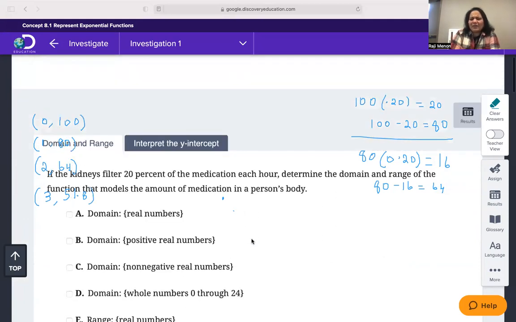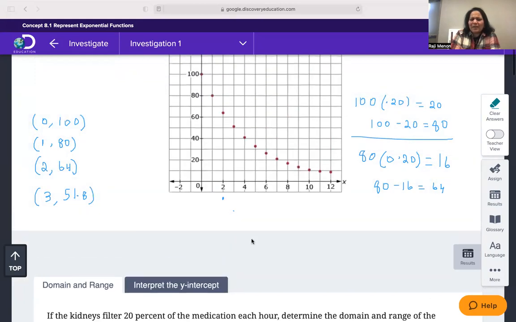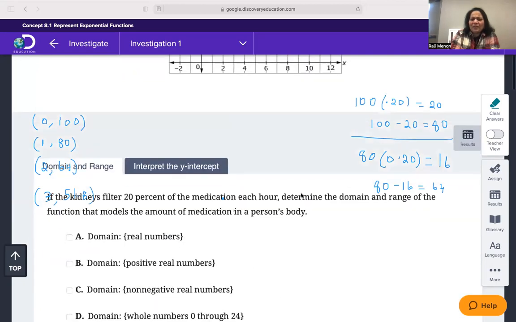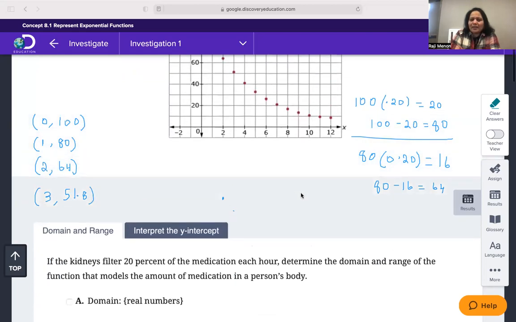What do you think? What is the answer? Domain must be, because look at that, you cannot go negative, right? So it's positive real numbers or non-negative real numbers.